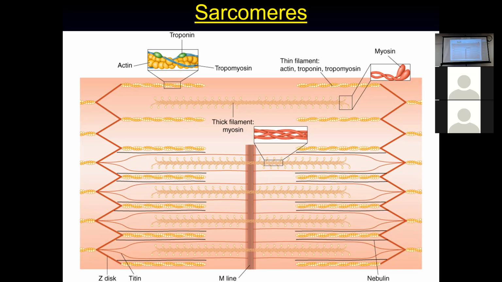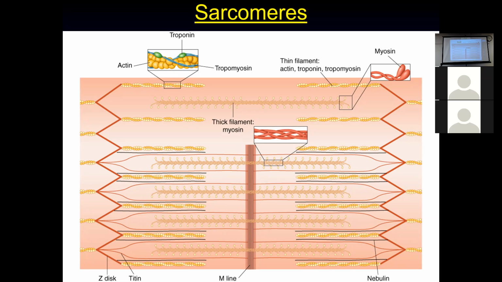I apologize, I've drawn this in a really terrible way. But what you get is a hexagon pattern of six actin filaments surrounding every myosin filament. And the myosin has multiple heads. Some are pointing up to connect to this actin molecule, some are pointing down to connect to that one.